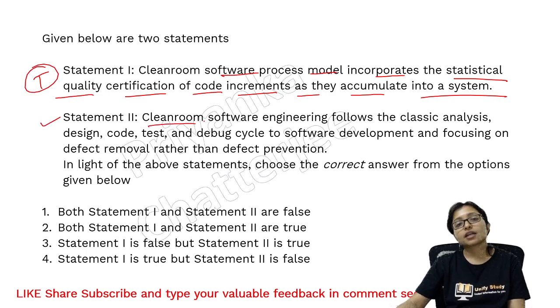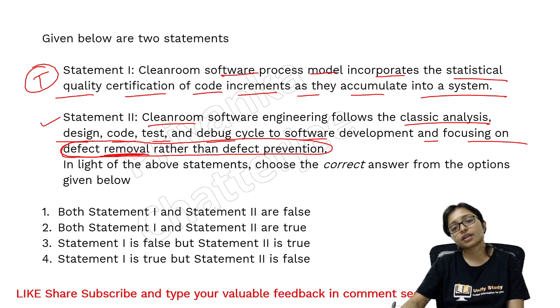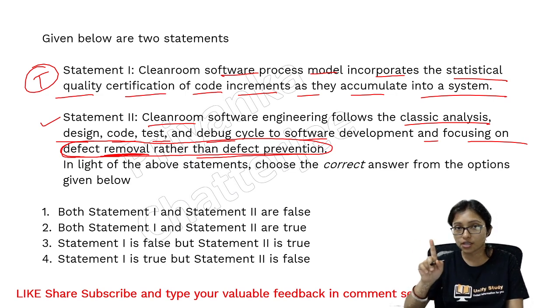Statement 2: clean room software engineering follows the classic analysis, design, code, test and debug cycle to software development, focusing on defect removal rather than defect prevention. Here is the problem. It is not focusing on defect removal rather than defect prevention. It is the defect prevention technique. It is not focusing on removal.